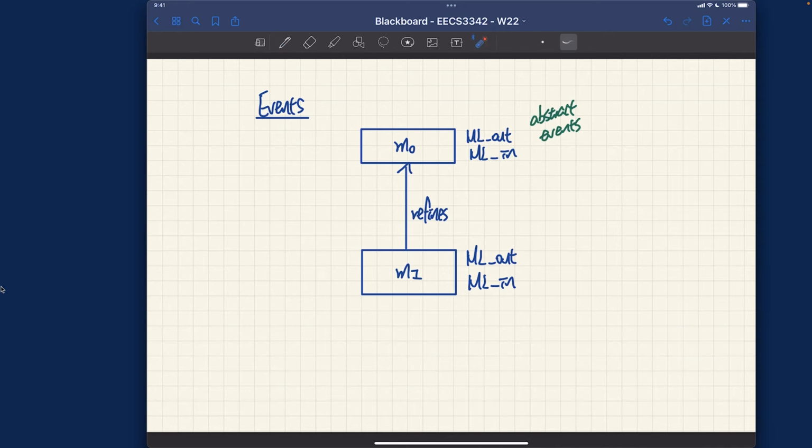You can think of these two events as simply inherited into the refinement model, in which case you can choose to redefine or overwrite their definition, either the guard or the actions, right? And of course, for the guard, you want to make sure you only strengthen the guard at the concrete level, right? That's why one of the proof obligations is guard strengthening.